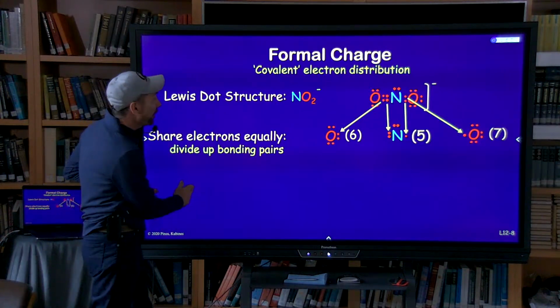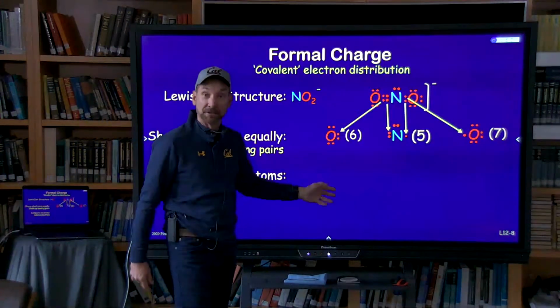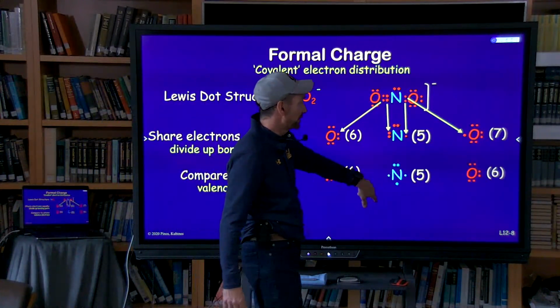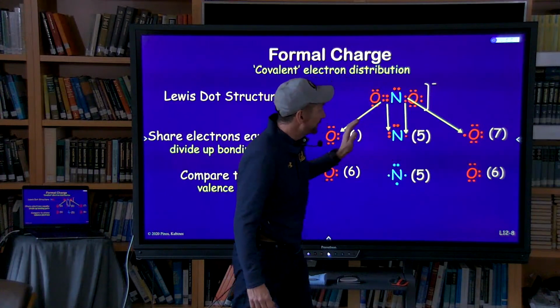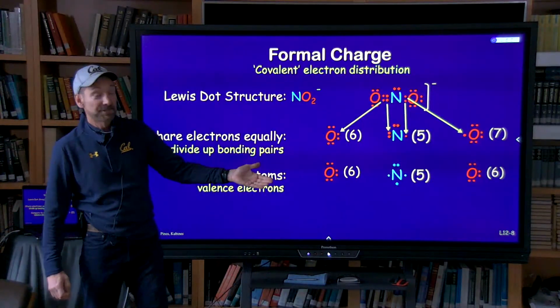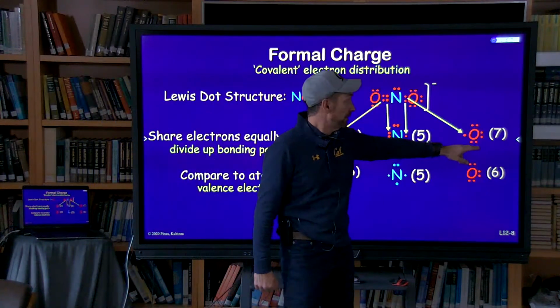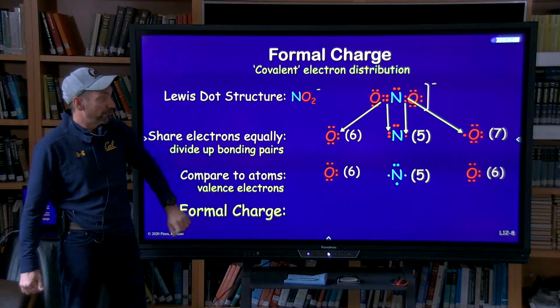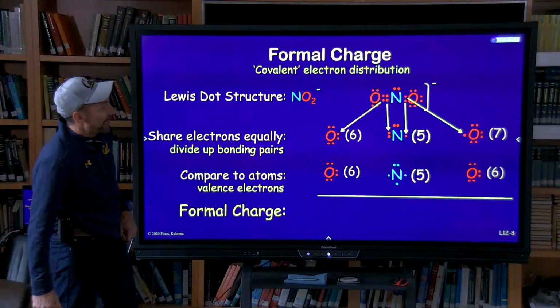To come up with a charge, we just compare that to the normal valence electrons that they have. So we can look at the periodic table. Oxygen, 6 valence electrons, nitrogen, 5. And then you can see in the molecule, this oxygen, the way we've drawn the structure, has the extra electron around it. It's where the charge might reside. So there's a formal charge on the oxygen.